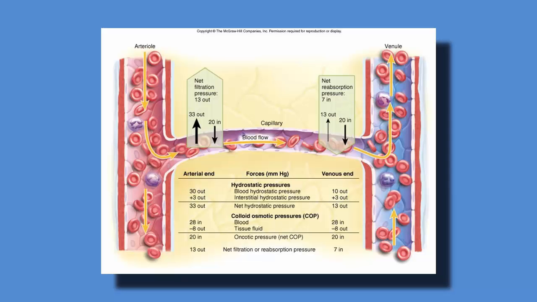Along with this fluid comes carbon dioxide and other waste products that the tissue cells have dumped out onto their sidewalks, sort of what my block looks like on a Tuesday morning before the garbage crew comes. At this end, we say that conditions favor reabsorption.